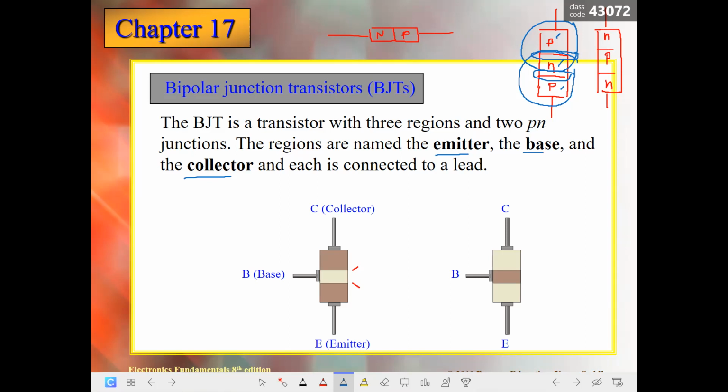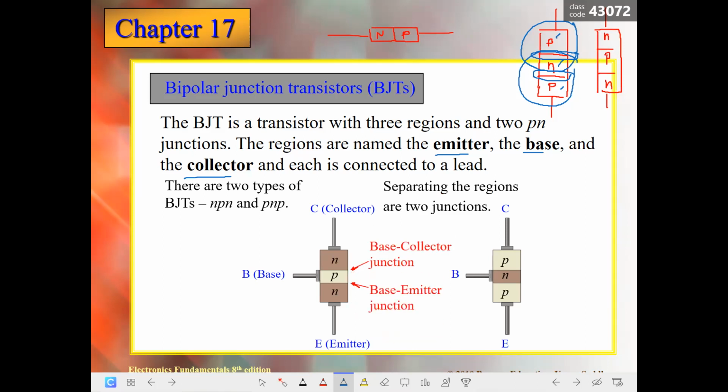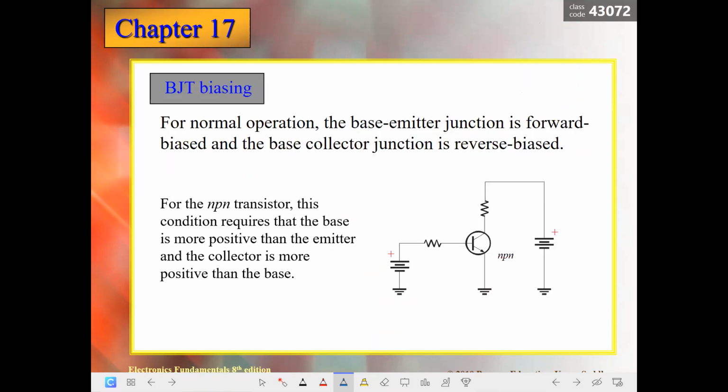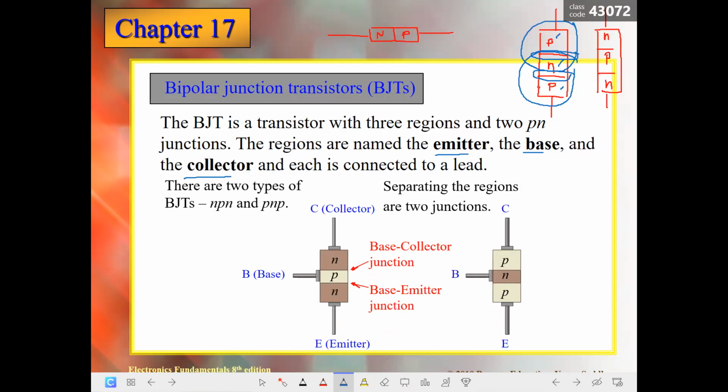It is important because we need to understand these three regions in order for us to be able to solve for the currents and voltages in the different regions. Now again, we have the collector, the base, and then the emitter. So here are two types of BJTs, the PNP and the NPN, separated, of course, by two junctions.